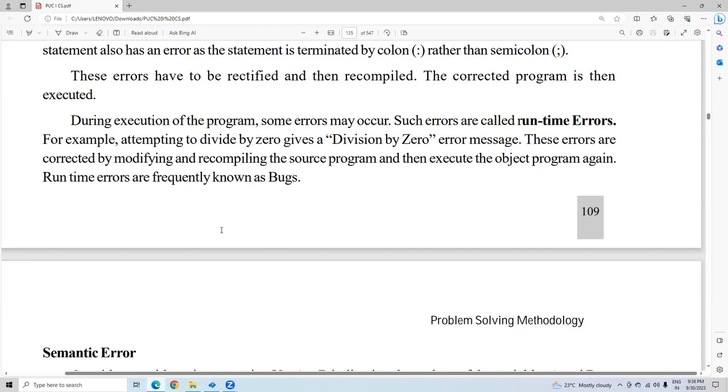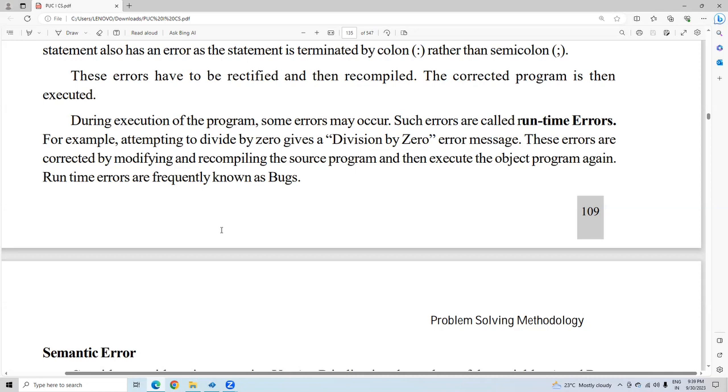It will execute, but at the time of executing, some more errors may occur. Such errors we call runtime errors, which are not syntax errors. Kindly note. Runtime error, in the sense, assume that you are writing a division of two numbers program, but while inputting the values for numerator and denominator, by mistake or intentionally, you gave the denominator as 0.